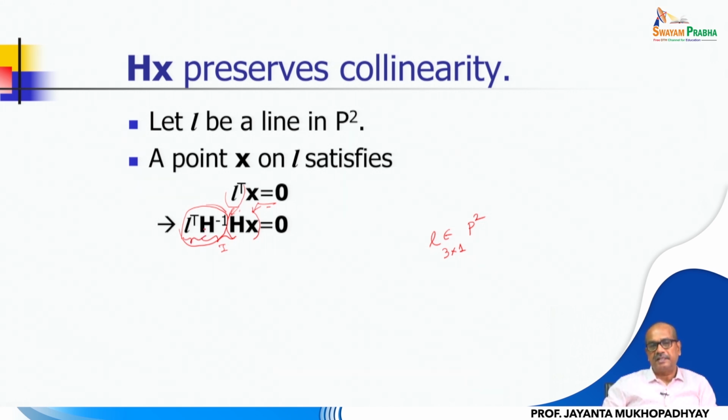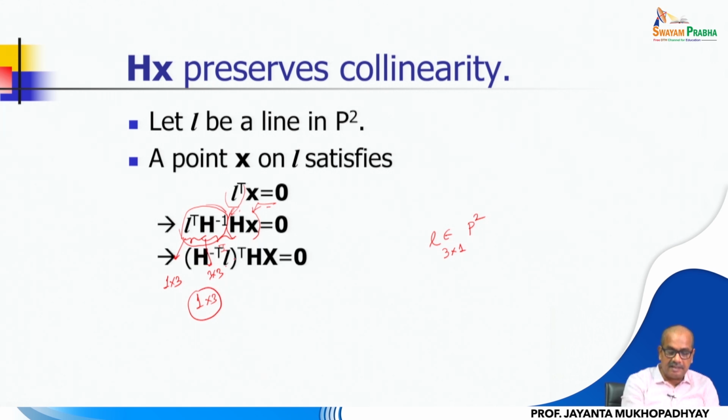Now if I consider this particular computation, check the dimensionality. L transpose is 1 cross 3 because it's a row vector, and H inverse is 3 cross 3. So it gives you a 1 cross 3. So I can write it as H minus T L transpose.